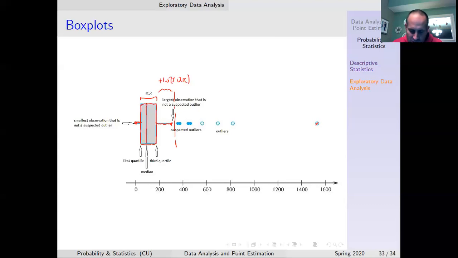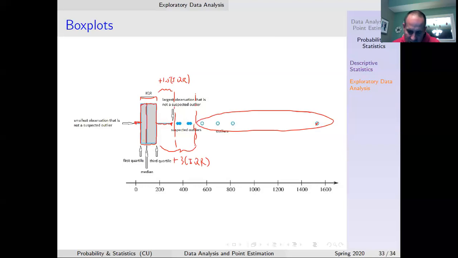And then at that point, you start suspecting that something's an outlier. But that's above Q3. And of course, I would do the same thing on the left if necessary, okay? And this right here, this is plus 3 IQRs. And these guys out here are all outliers.